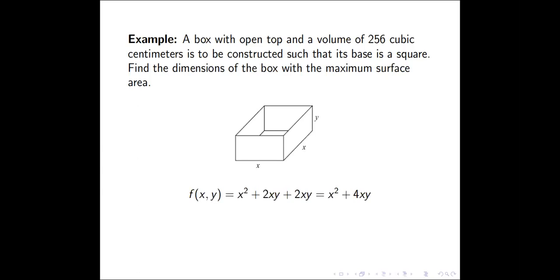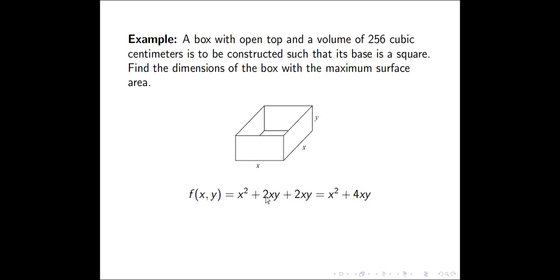How do you get the surface area? You add up all the areas of the sides and the bottom. No top, open top. So we know that the bottom here has area x times x, square base, side x. And then these two sides, the left and right sides, each have an area of xy. So twice, we get 2xy.